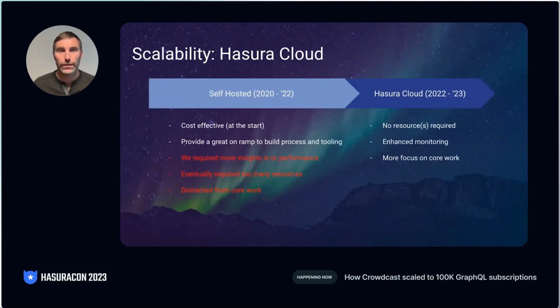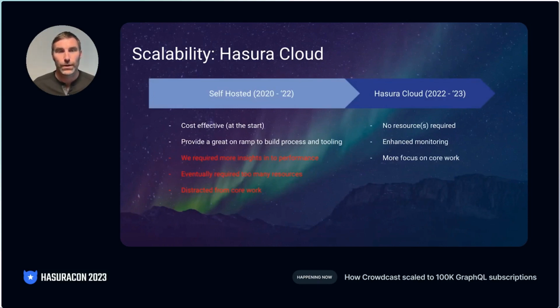That's our story. And then in the middle of 2022, we started to need more. So we joined the Hasura Cloud platform and have not looked back at all. Looking back at the beginning, the 2 years that we were using self-hosted, it was cost effective at the start, although I think trade-offs show up earlier than anybody expects, especially when you start to need more than one or two containers.